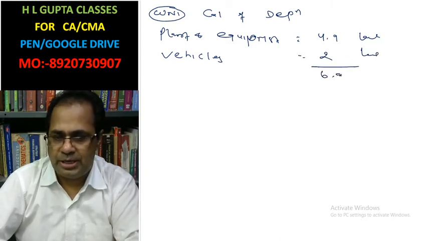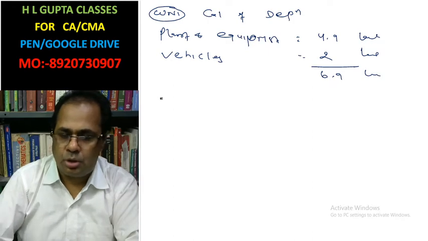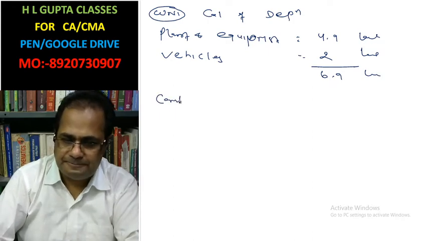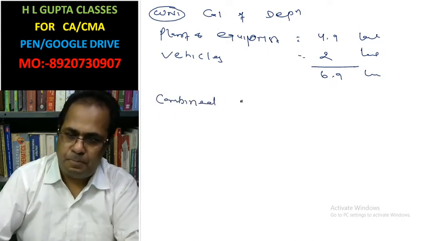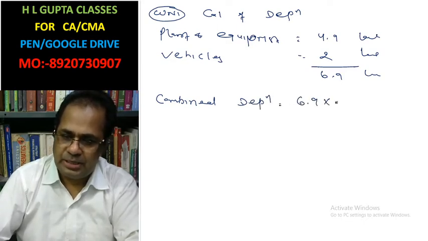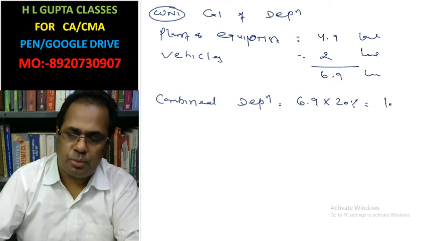Total is 6.9 lakh. Combined depreciation: 6.9 lakh into 20%, that is 1.38.